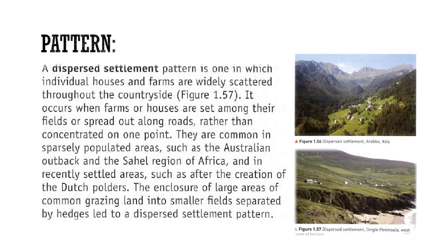They are common in sparsely populated areas such as the Australian outback and the Sahel region of Africa, and in recently settled areas. After the creation of the Dutch polders, the enclosure of large areas of common grazing land into smaller fields separated by hedges led to a dispersed settlement pattern.